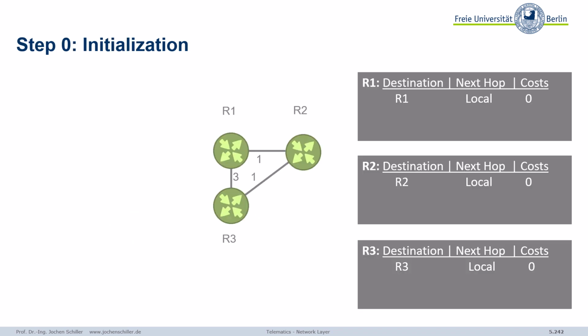So how does it work? In this example, first of all, you initialize the routers. You see here the internal tables, very simple. Here are routers 1, 2, 3, and you see that all the routers say I can reach myself at a cost of 0, next hop local. That means, okay, that's me.